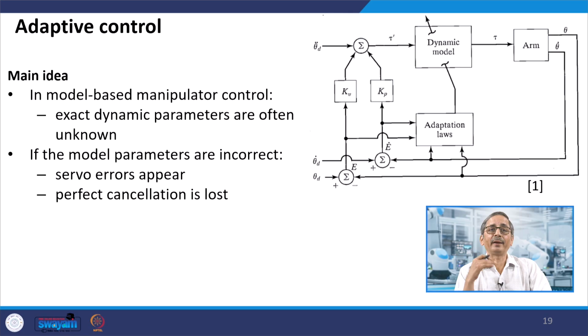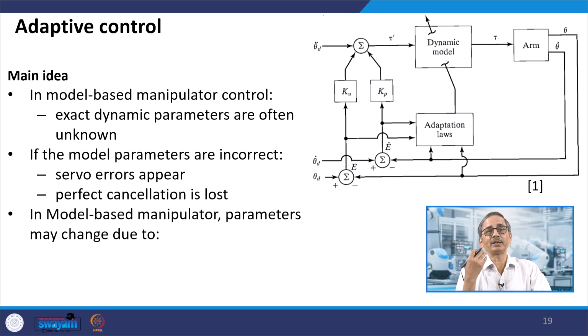Now, if the model parameters are incorrect, naturally servo error will appear, and the perfect cancellation which we are expecting for the nonlinear terms in the control expression may not be possible.